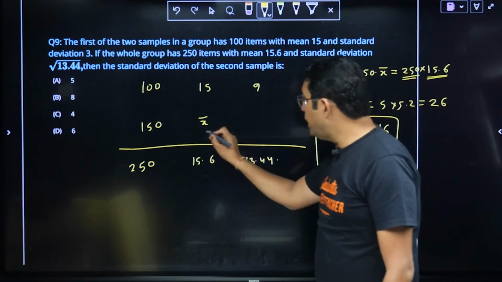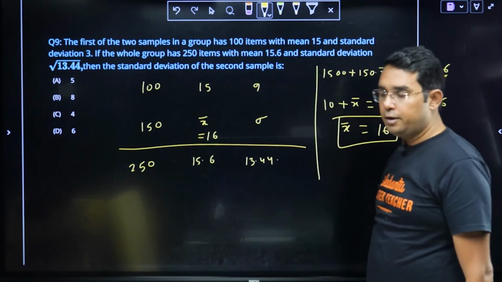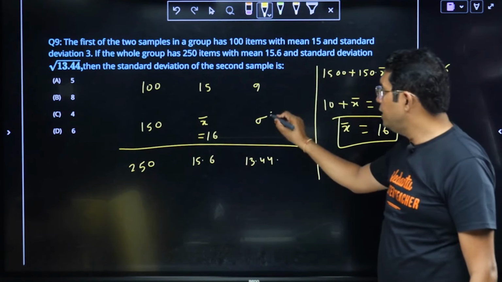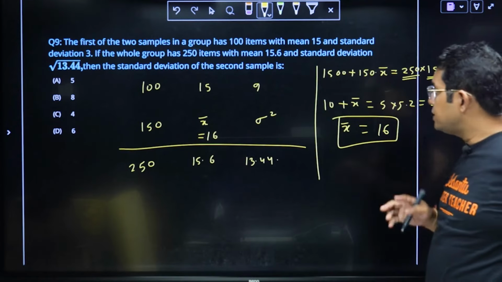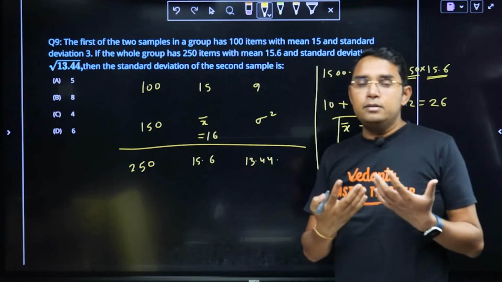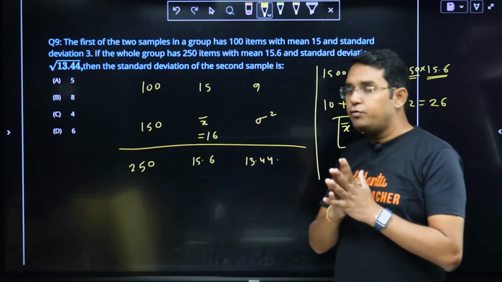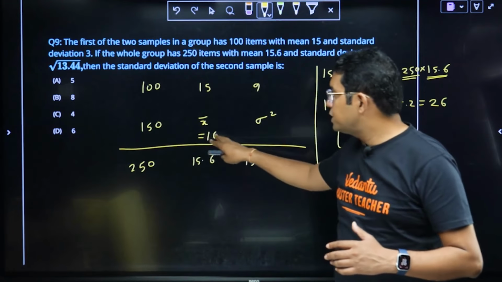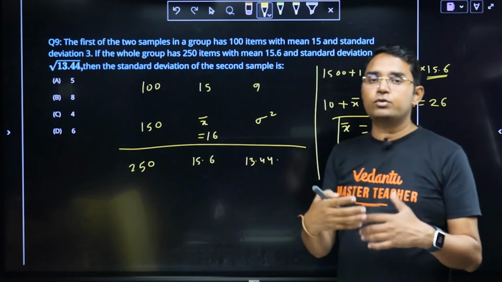So this x bar is coming out to be 16, and we have to find the standard deviation, sigma, or maybe I'll first find sigma square, then standard deviation. Now to find standard deviation or variance, we need to find the sum of squares of data also. We know the sum of entries, like 1500 here and 16 into 150 here, but we do not know the sum of squares of the entries.